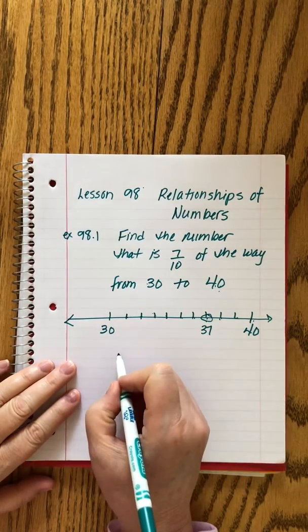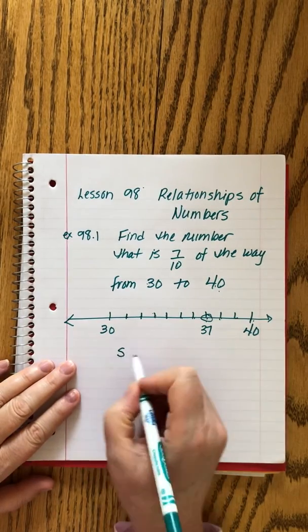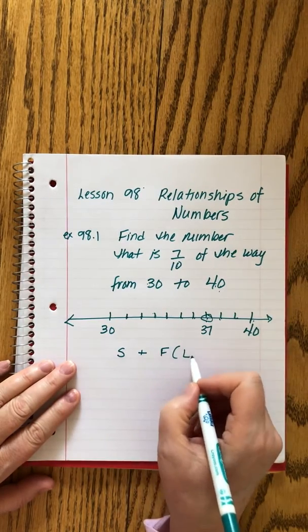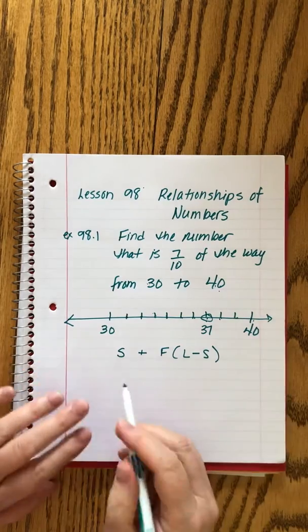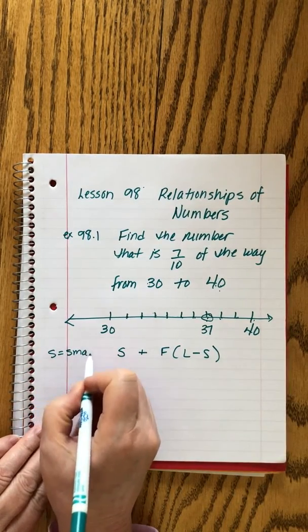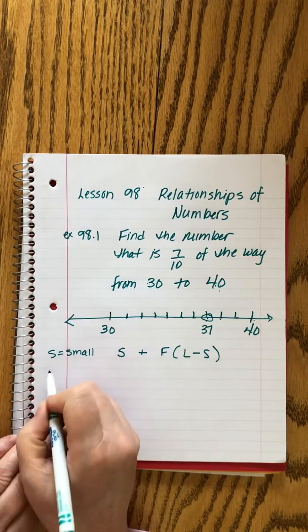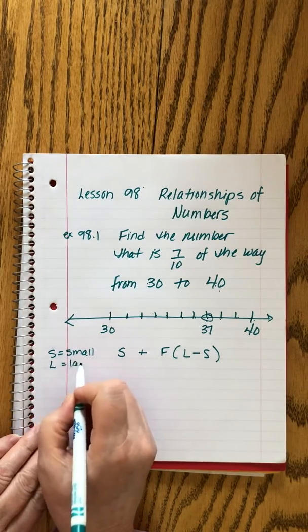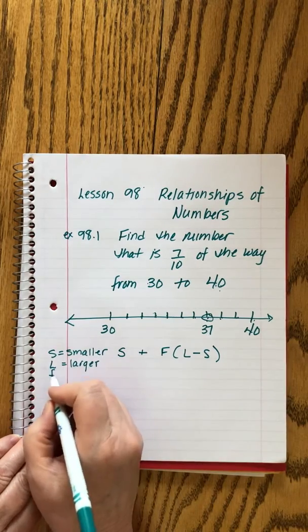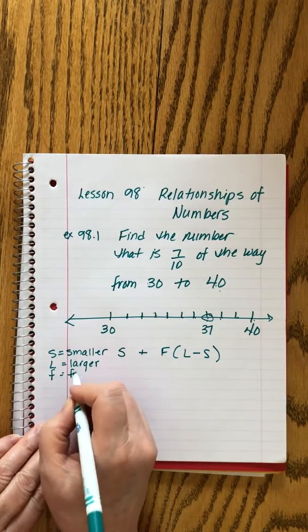What it's going to be is we're going to take the smaller number and add to it. S stands for smaller, I'll just write small. L stands for large, I'll write that, makes more sense. And F is the fraction.